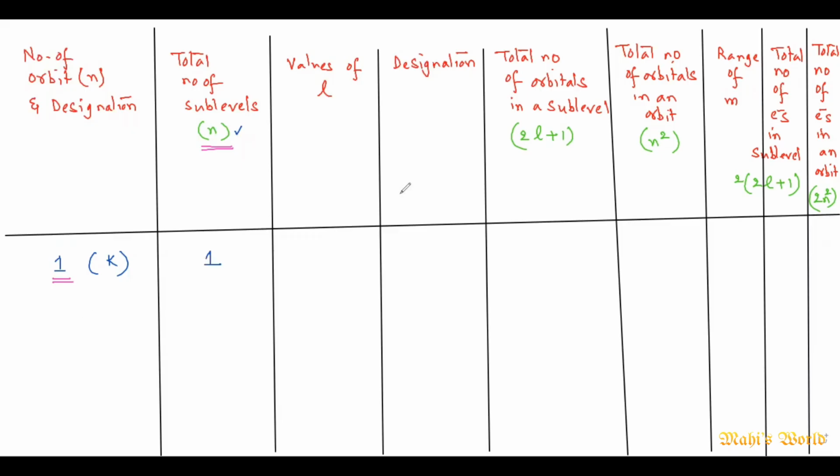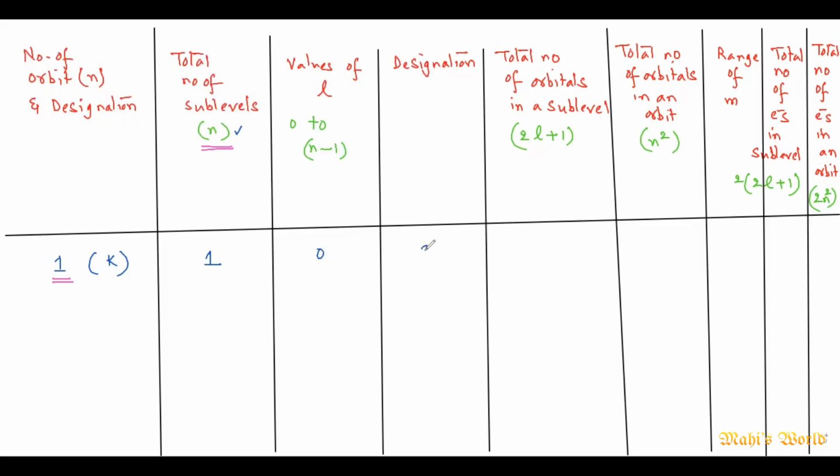Now coming to the values of L possible, we know that the values of L possible for a given value of n can be written as 0 to n minus 1. I've just given that. So here it is only 0.